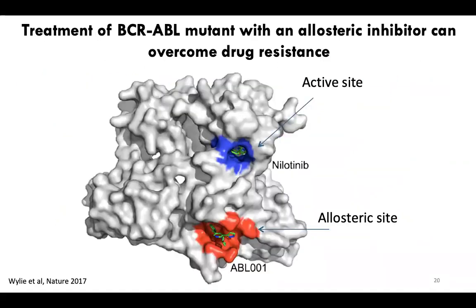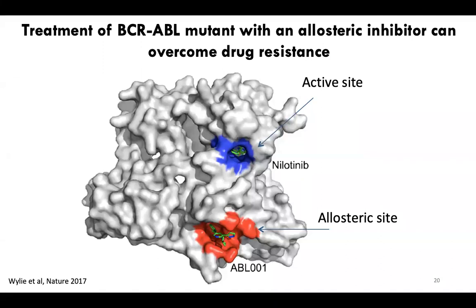So there's another quite famous example of allostery with new properties. This is a study published in Nature in 2017, where it was shown that treatment of BCR-ABL mutant with an allosteric inhibitor could overcome drug resistance. So it was known that when you bind nilotinib in the active site, a lot of mutations start to evolve after continuous treatment of the kinase with nilotinib.